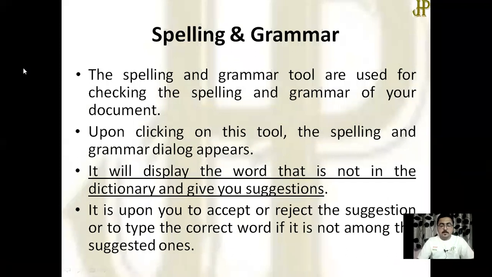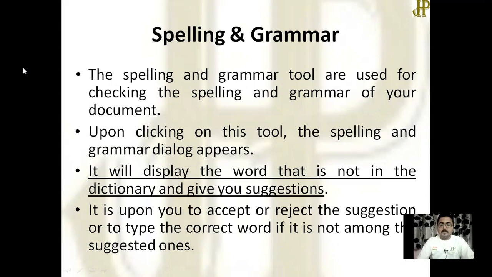Now, for the 9th standard students, the spelling and grammar in the review tab is much more important. As the name suggests, these tools are used for checking the spelling and grammar of your document.